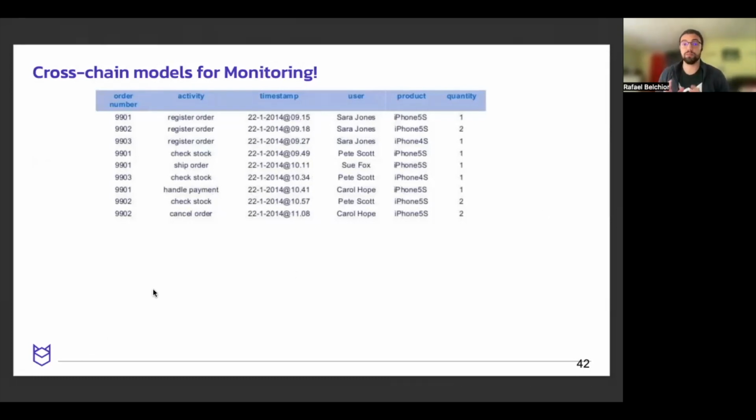In this example, we have represented the process of selling phones in a store. We can see that they have an order number, activity, timestamps, and something called resources, which are basically attributes of the process.